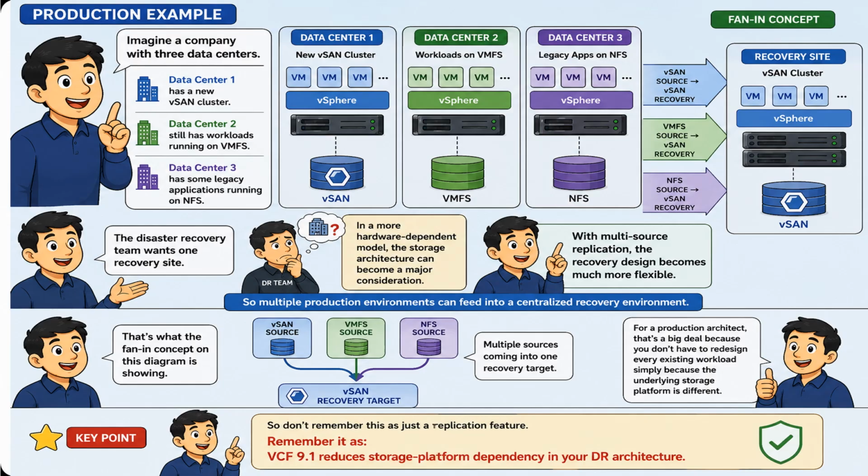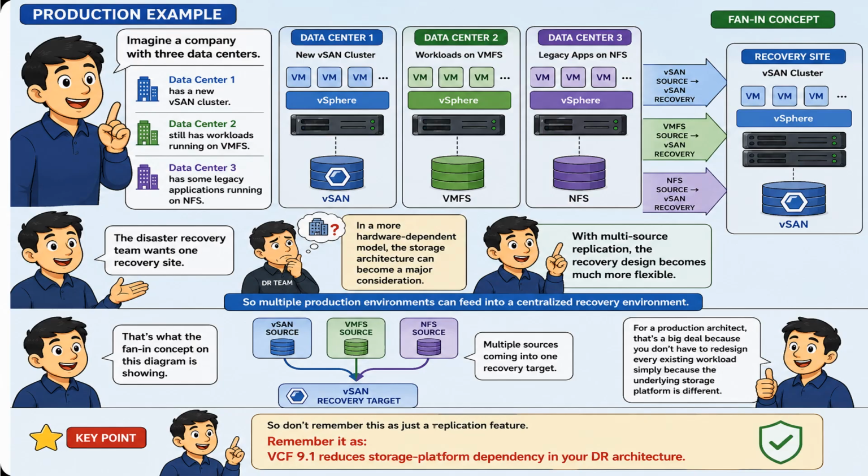Now, the disaster recovery team wants one recovery site to replicate all this storage to a single site. In a more hardware dependent model, the storage architecture can become a major consideration. But with multi-source replication, the recovery design becomes much more flexible in VCF 9.1.